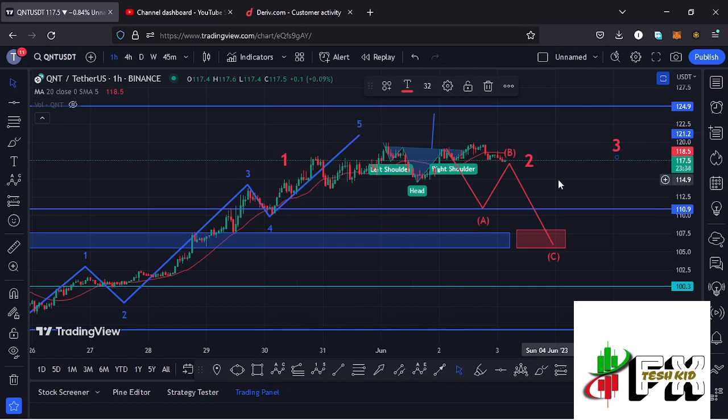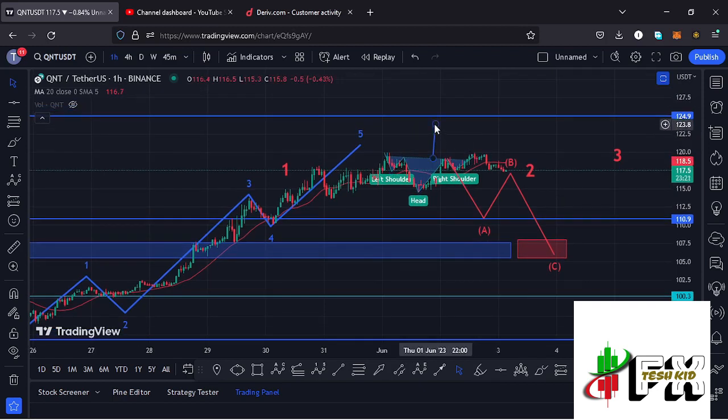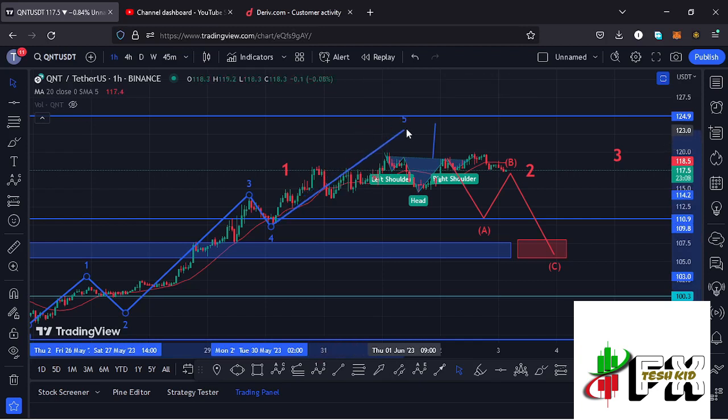The other possible Elliott wave structure that we can have on the charts is based on this inverse head and shoulders pattern that I have right here. In case we see the breakout out of this chart pattern and get one more high at around the $123.9 mark, then that will be suggesting that the high that we have at around the $119.8 mark is not the high for this wave 5, and we could get one more high in case we see the breakout to the upper side.